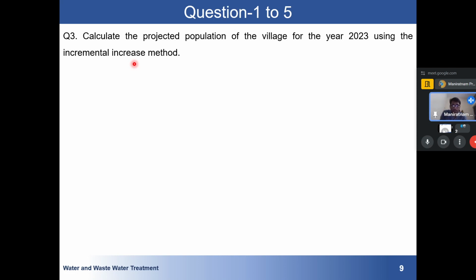So I will directly write the formula for the incremental increase method. The formula says that the population after n decades will be the last known population plus the number of decades times the average of the increase or decrease in population, plus n into n plus 1 divided by 2 multiplied by the average.